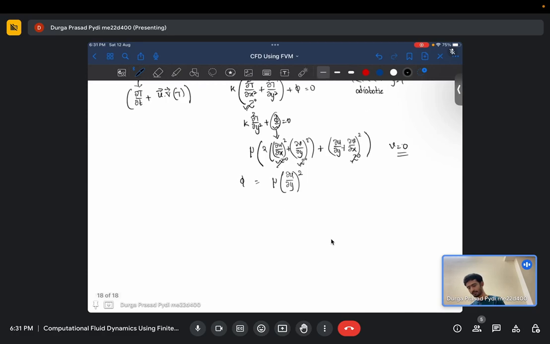So we just plug it back, we get k times d square T/dy square plus mu times du/dy whole square. Since u is only a function of y, I can just write du/dy. Similarly, T is only a function of y, so I can just write d square T/dy square.